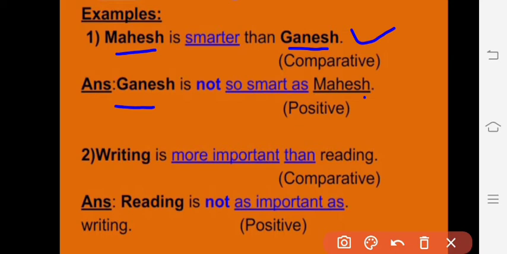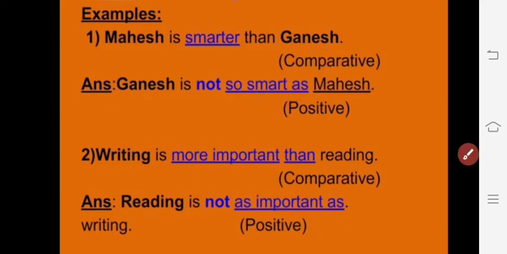So Ganesh is not so smart as. Here smarter converts into so smart as. Add so as or as, both are correct, and put positive formation, means the simple form of the adjective. Smarter converts into smart, and so smart as Mahesh.